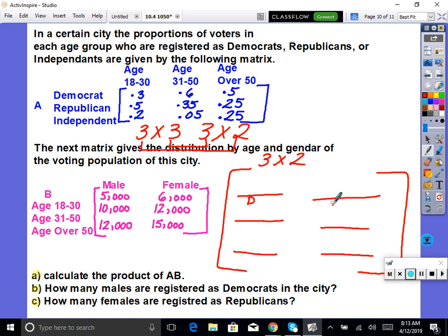Democrat, Democrat. Then Republican will be here. Republican, Republican. So this must be independent, independent. That's going to be helpful in the future. Then also going down, this row is going to be males, males, males. This one will be female, female, female.